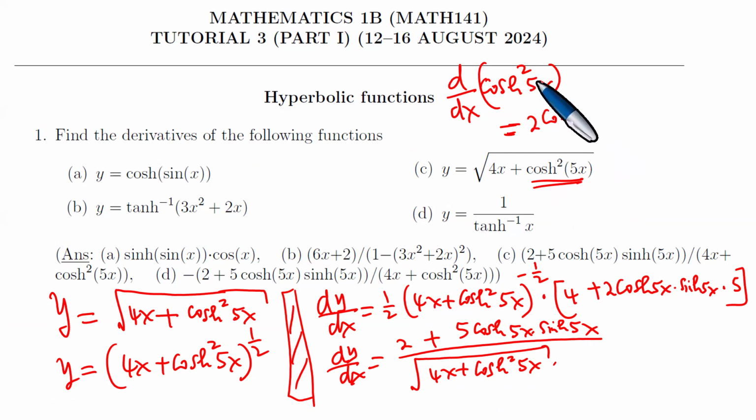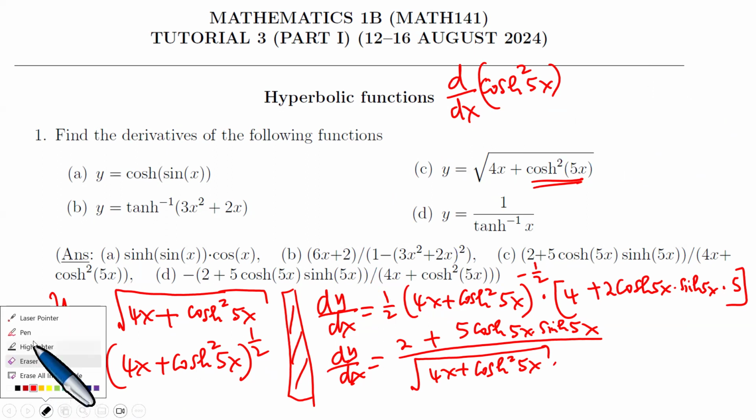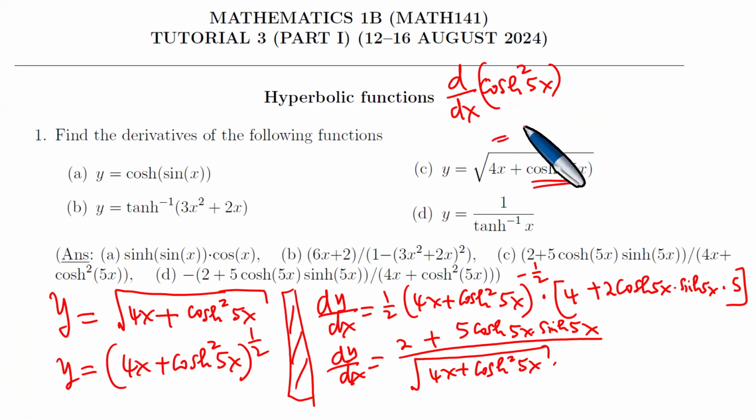So to find the derivative of this, you bring down the 2, and then 2 minus 1 as an exponent, and then we have the 5x like that. But next, if we like, we can write the derivative of the inside. You see, by this, we can write it a bit more differently, in a way that will ignite more understanding. For example, we can write this as d/dx of the cosh of 5x, all squared.